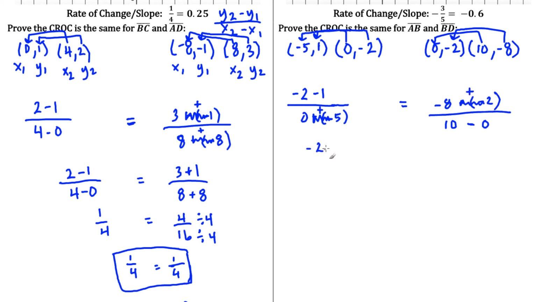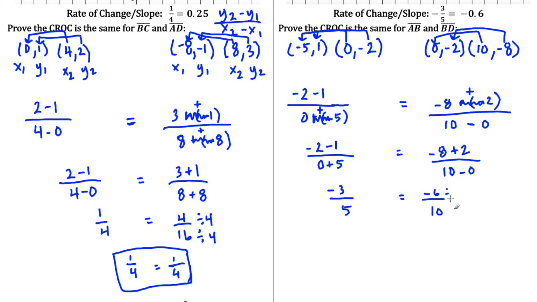So negative 2 minus 1 over 0 plus 5 should be equivalent to negative 8 plus 2 over 10 minus 0. Okay, so negative 2 minus 1 is negative 3. 0 plus 5 is 5. Negative 8 plus 2 is negative 6. 10 minus 0 is 10.